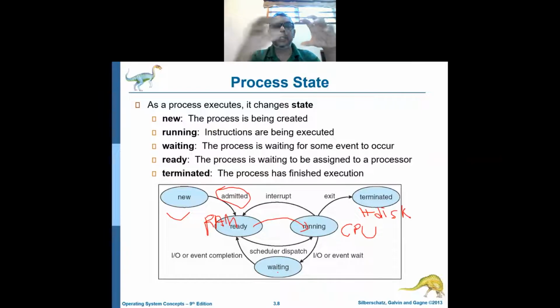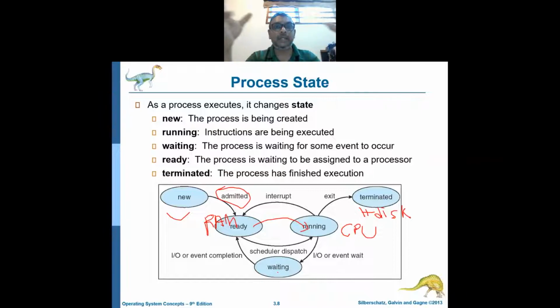The scheduler dispatcher is a type of software inside the operating system which brings the processes from the RAM, the ready state, into the running state. As I told you just now, there are so many processes at one point in time.